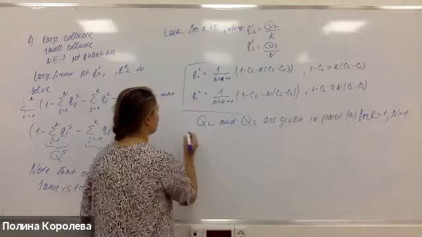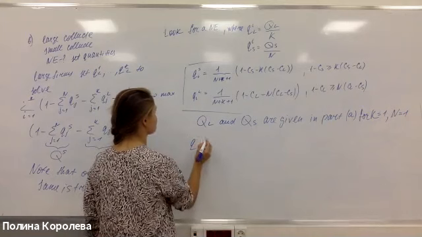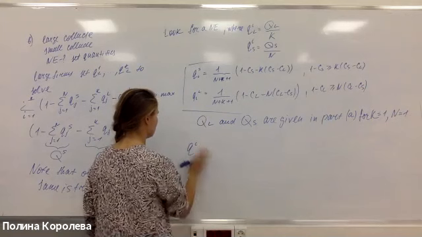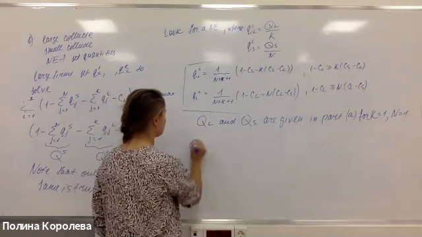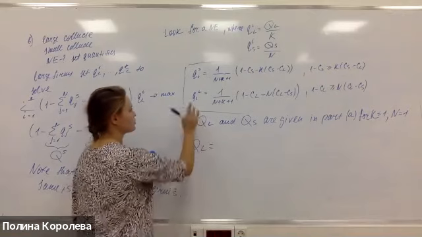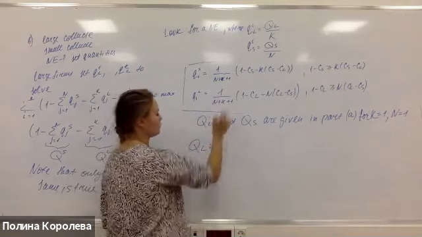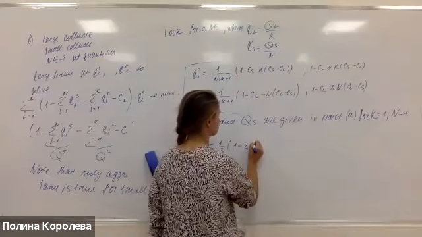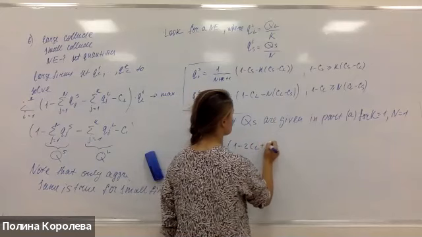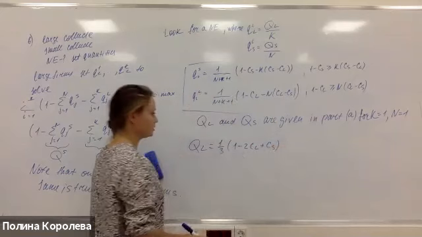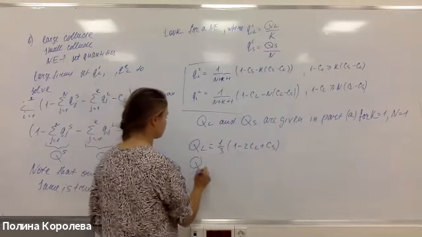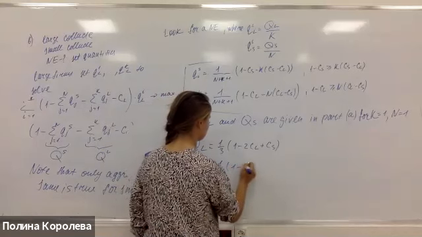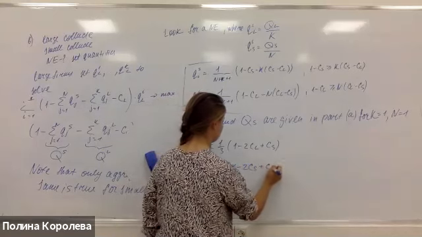So quantity for large will be equal to, here 1, 1, so 1/3 (1 minus 2CL plus CS). And quantity for big small is 1/3 (1 minus 2CS plus CL).